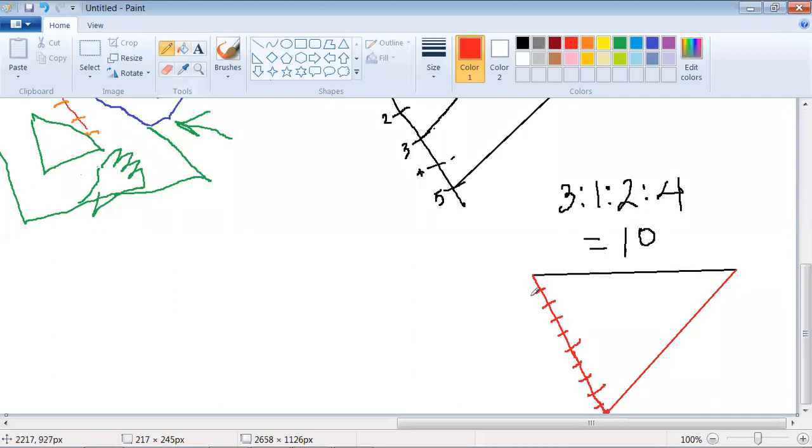Don't forget to put a number here. 1, 2, 3, 4, 5, 6, 7, 8, 9, and then just somewhere around here, put a 10. It can't fit in there, and that's no problem. It's just a guideline to understand the principle, how to get through to the drawing.